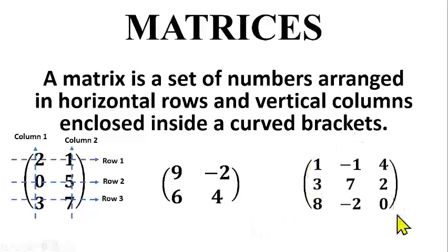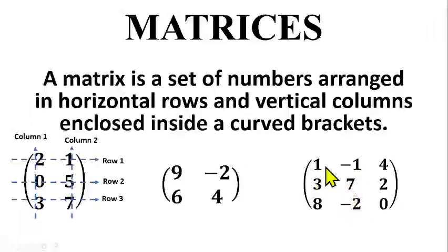Another example is what you are seeing on the screen right now. Is this a matrix? Yes, it is a matrix because the numbers are arranged in rows and columns enclosed in brackets. Now how many rows and how many columns does this matrix have? I want you to figure that out and tell me the answer.